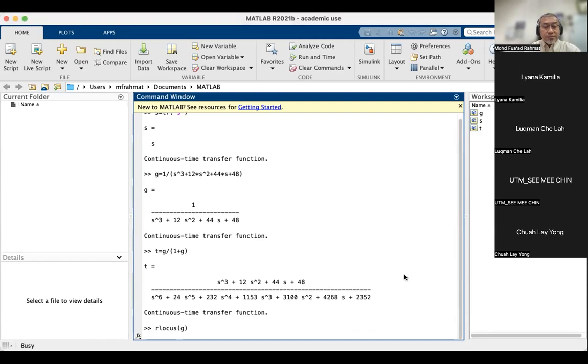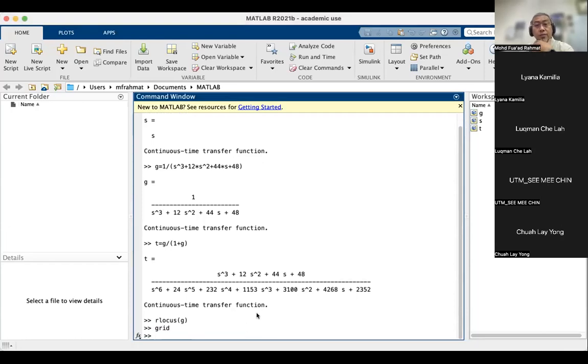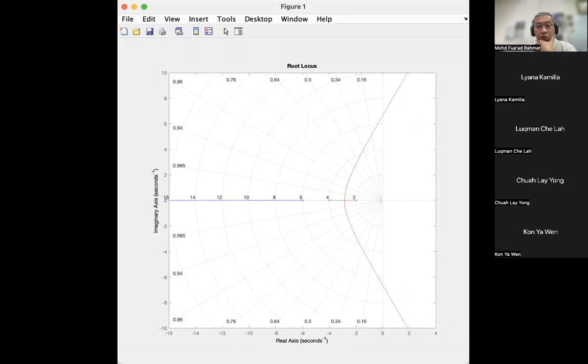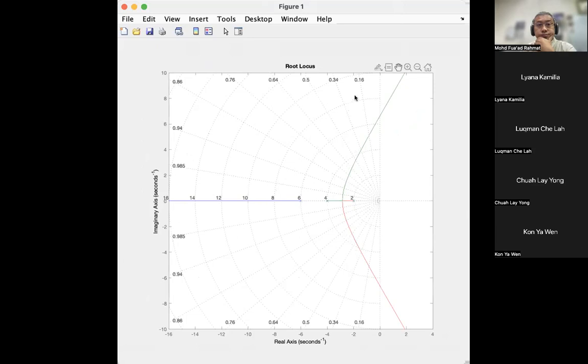Okay. rlocus G. So we enter. And then we put the grid. Can you see the root locus? Yes.